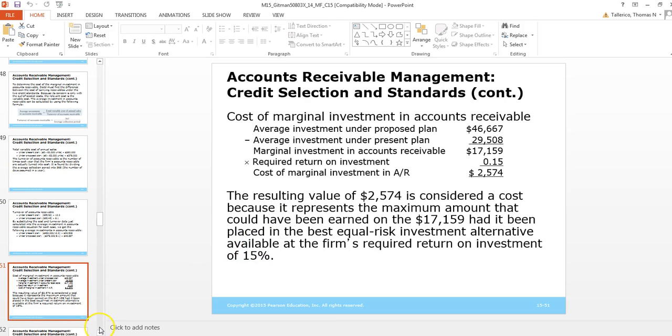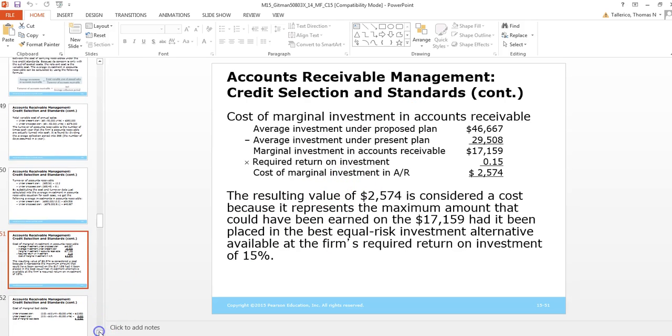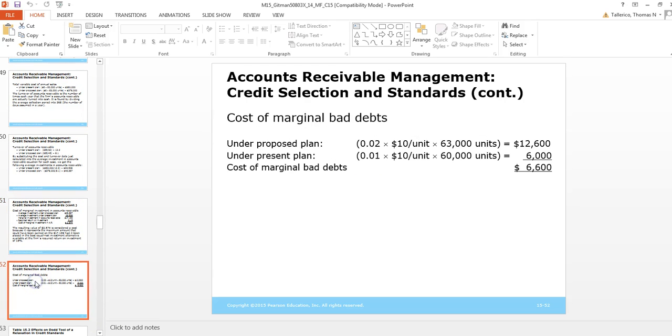And you can see now how much it is costing you for your investment in accounts receivable. So this is one long big example about your accounts receivable and your costs, and here's the cost of your marginal debt.